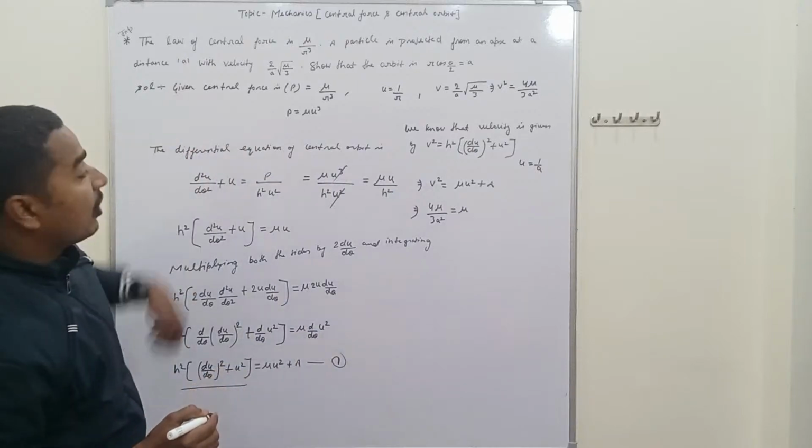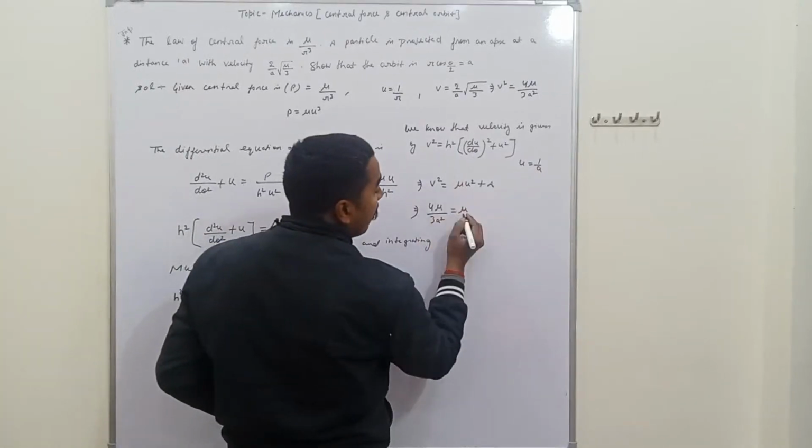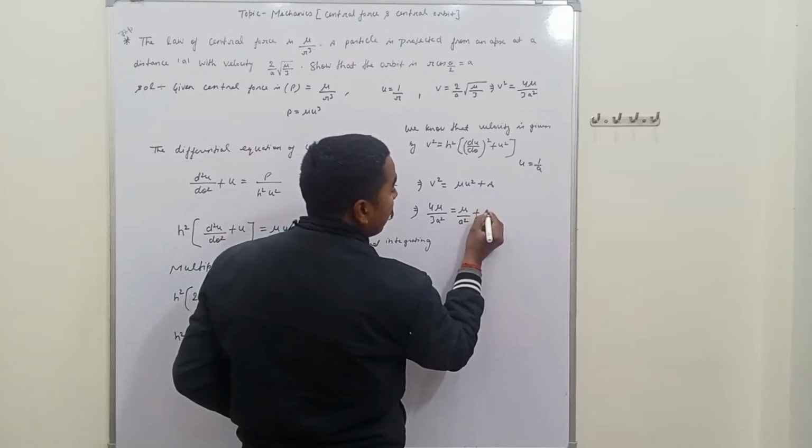At a distance already given, so we have to put here mu upon a square plus of a.